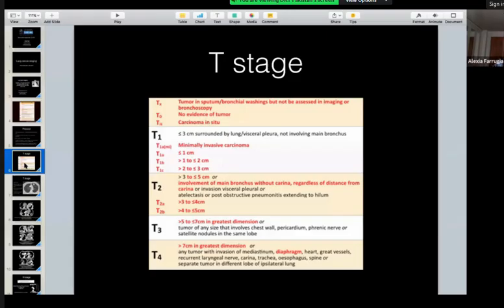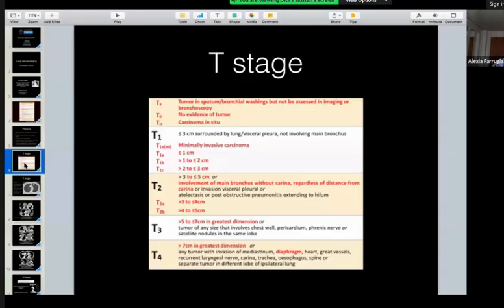And there is a T2A and a T2B classification between more than 3 to less than 4 centimeters and more than 4 centimeters to less than 5 centimeters would be a T2B tumor. We will see images of these, so don't worry too much.